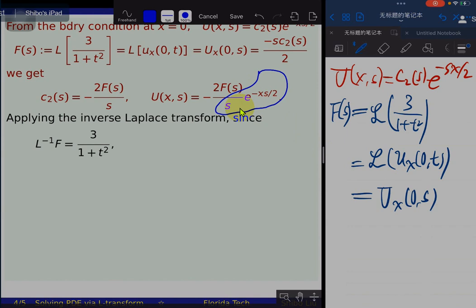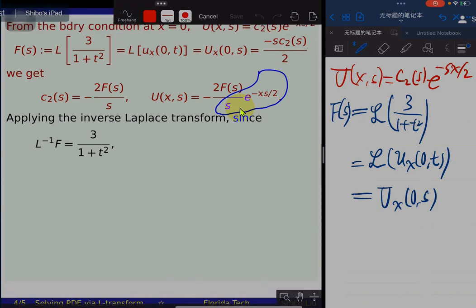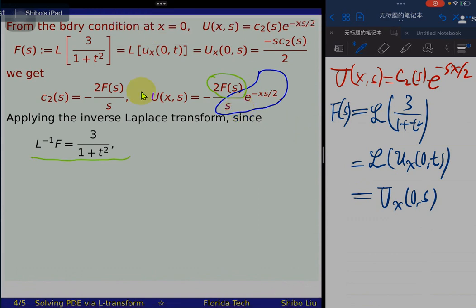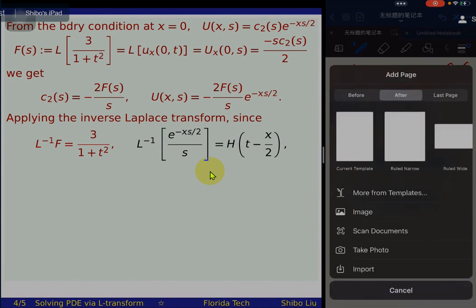And also we have the Laplace transform of our capital F here. Okay, this is just 3 divided by 1 plus t squared. So the inverse Laplace transform of the exponential divided by s is given by the Heaviside function H of t minus x over 2. This can be checked from the table of the Laplace transform.